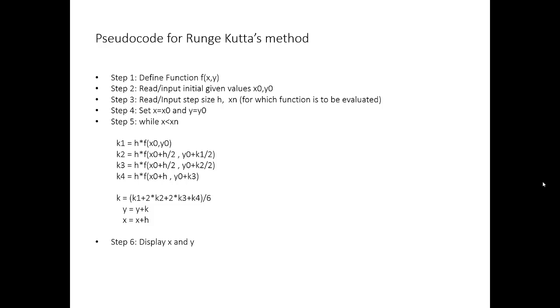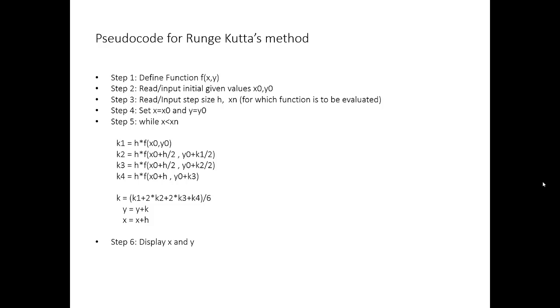Now we sum up these values of k in the form 1 by 6 times (k1 plus 2 k2 plus 2 k3 plus k4), and we subsequently calculate the different values of y with y equal to y plus k, and subsequently we increment x as x equal to x plus h. In the generalized form, y(n+1) is equal to yn plus k, and x is equal to x plus h. So for x1, it is x1 equal to x0 plus h.